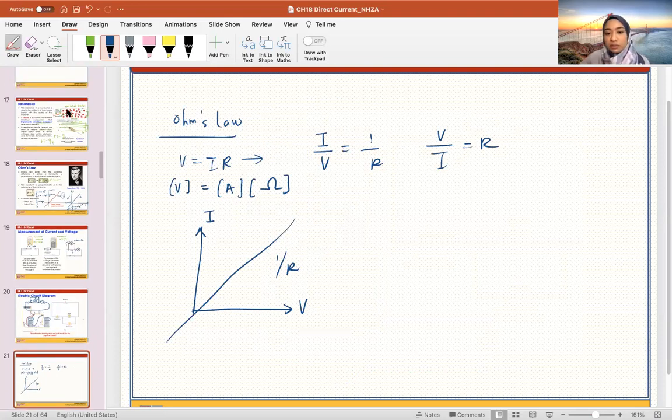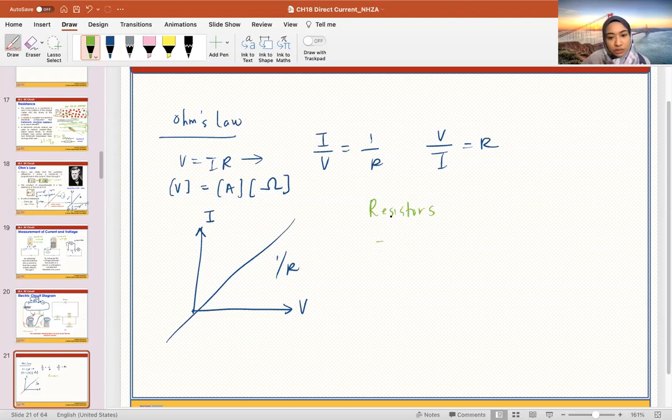We talked about resistors, whereby a resistor slows down the movement of current.